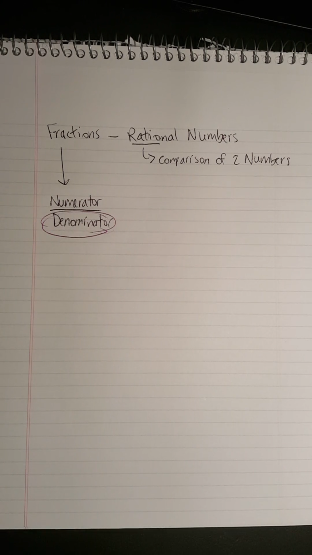If you are adding or subtracting, the denominator has to be the same. If you are dividing, the denominator is the number that goes outside of your division symbol that you're actually working with. The denominator is by far the most important part of the fraction. So just keep that in mind.